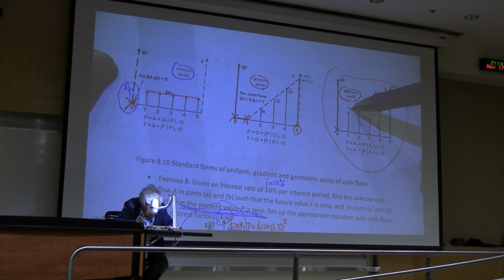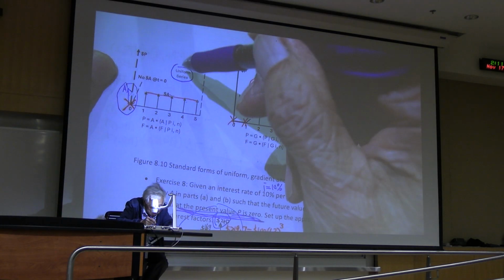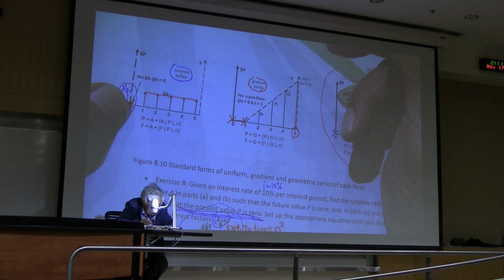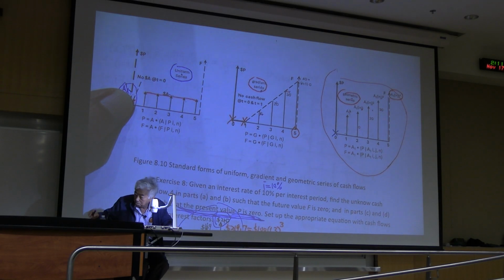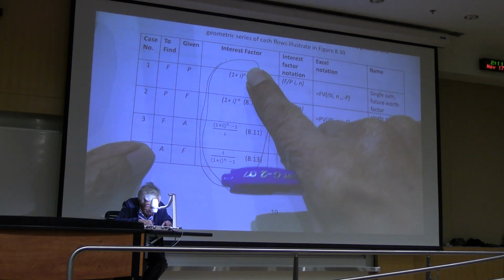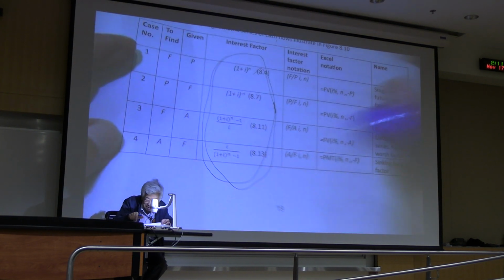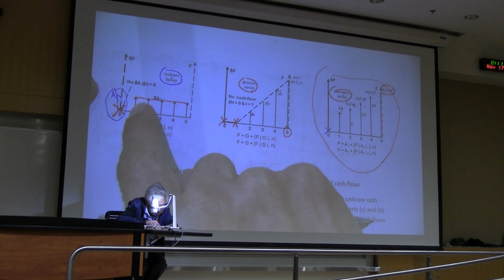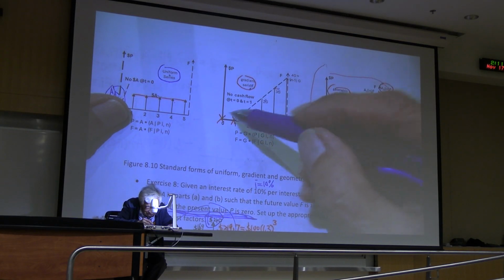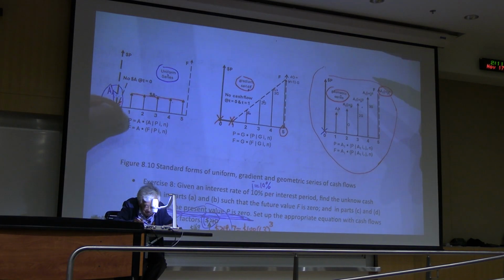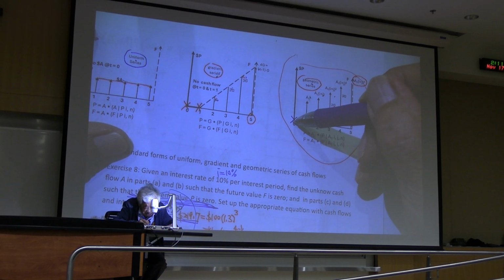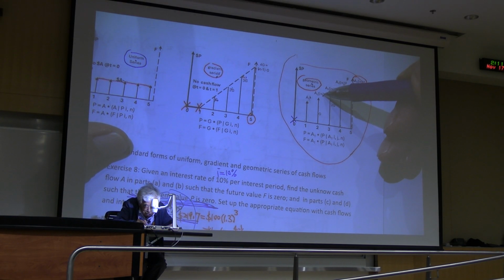Be sure to remember uniform series have no cash flow at time zero. Why is that? Because all the formulas were developed with this standard form. Gradient series, no cash flow at time 0 and 1. Geometric series, no cash flow at time 0.